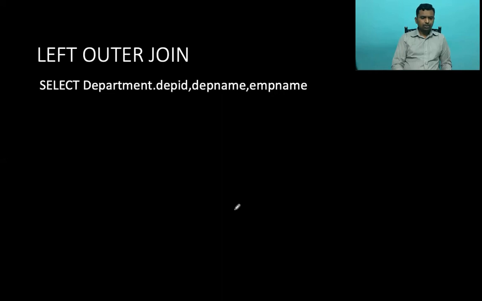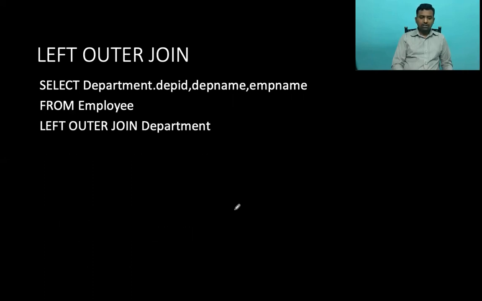Next, we are going to see left outer join. As I said already, in left outer join, everything from the left table will be printed and only the related value from the right table will be printed. Here I'll say select department ID from the department table, department name, employee name, right? From employee, left outer join department, on manager ID equal to employee ID.